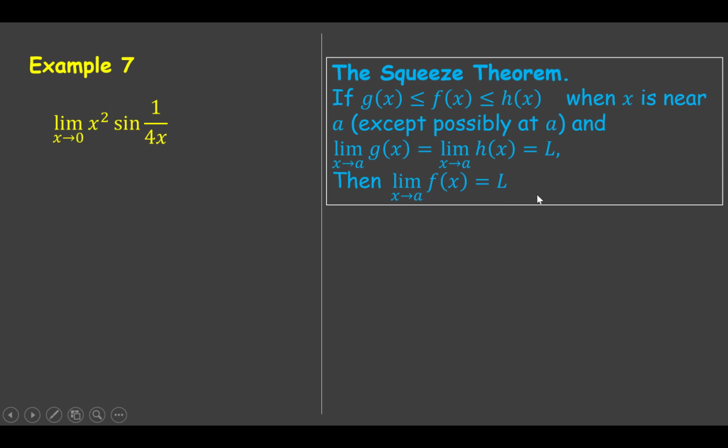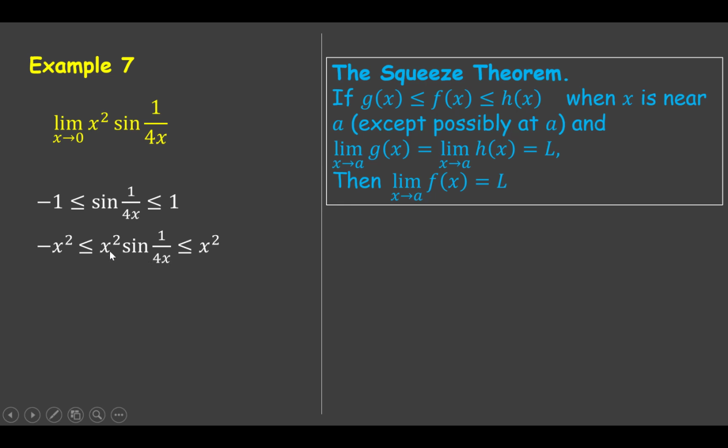Okay, let's apply this idea to our problem. So first, as I mentioned a moment ago, sine is between minus 1 and 1. Now, if you multiply everything by x squared, then we get the following. Notice that x squared is non-negative.